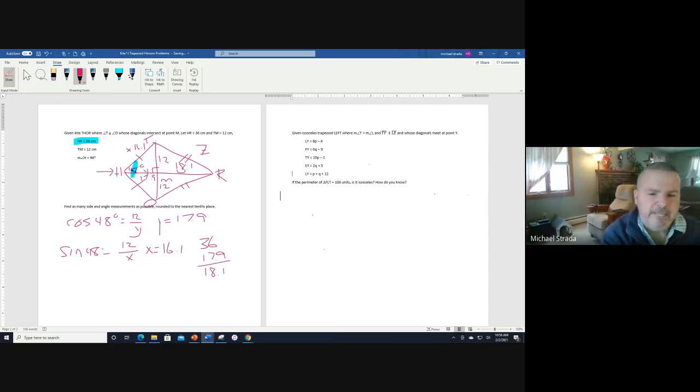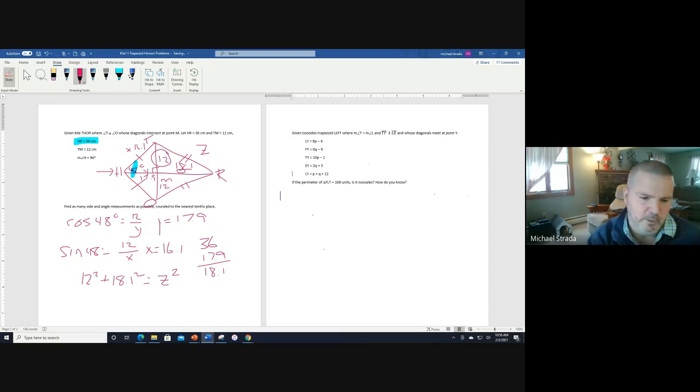To get the other sides of the kite, I can use trig or I can just use the Pythagorean theorem. 12 squared, which is here, plus 18.1 squared, which is here, equals, we'll call it z squared.